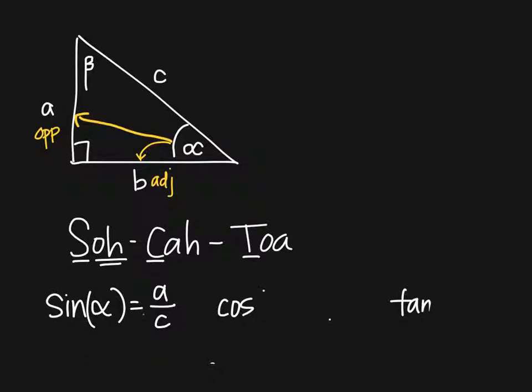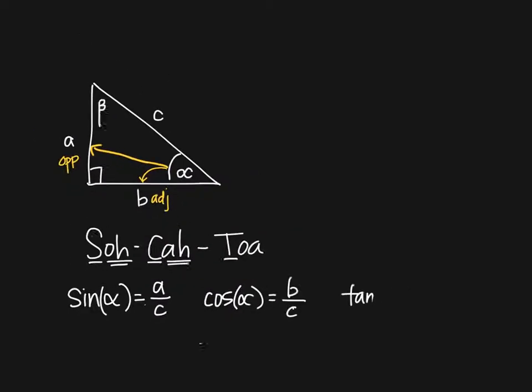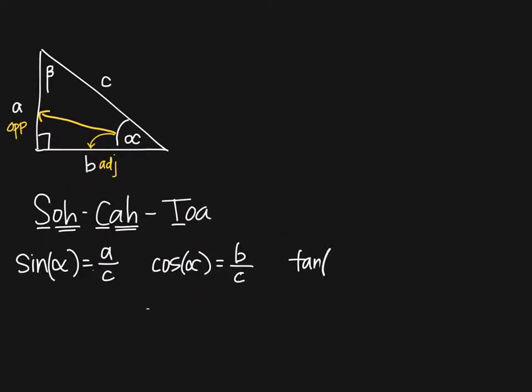So for cosine, if we're using alpha, that would be AH, or adjacent over hypotenuse. You can either use the words adjacent over hypotenuse, or you can use the letters, and the letters would be B over C. And then finally for tangent, tangent for alpha, that would be TOA, O and A, so opposite over adjacent.